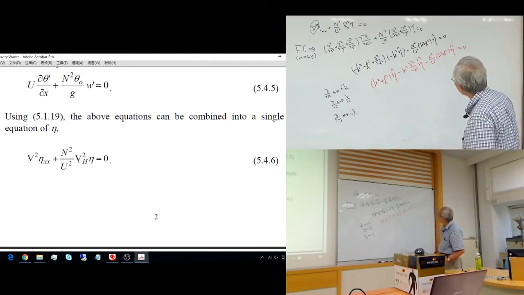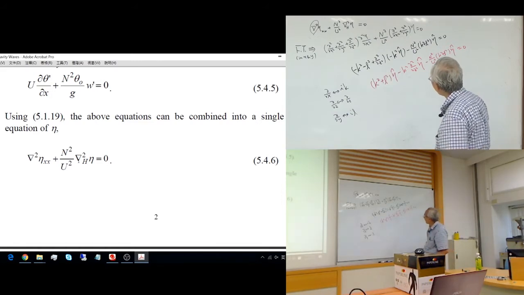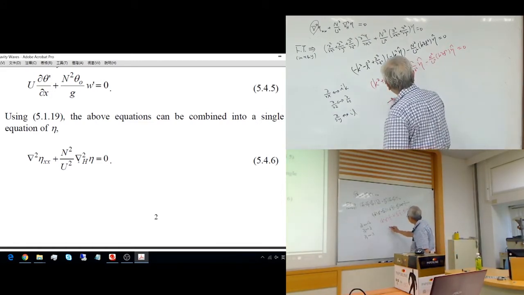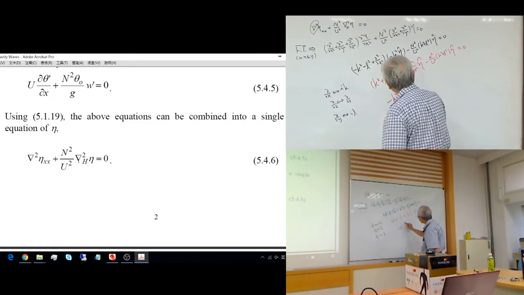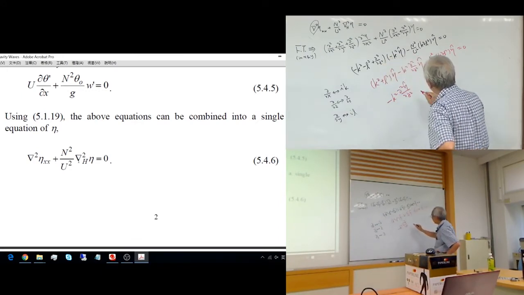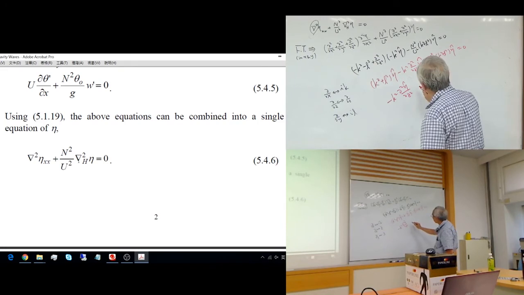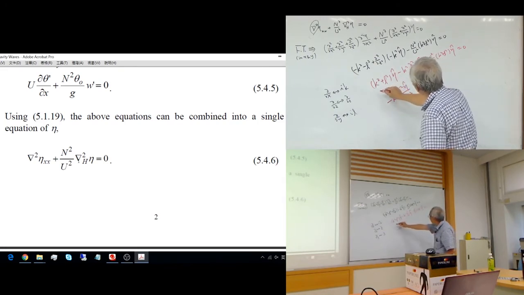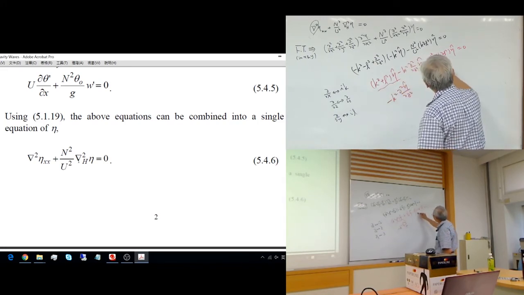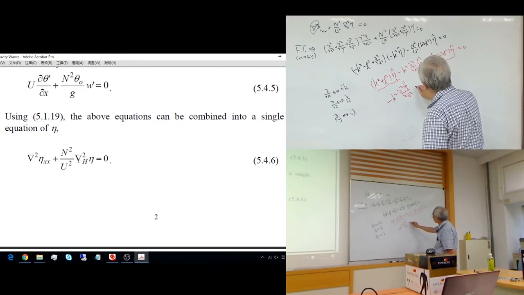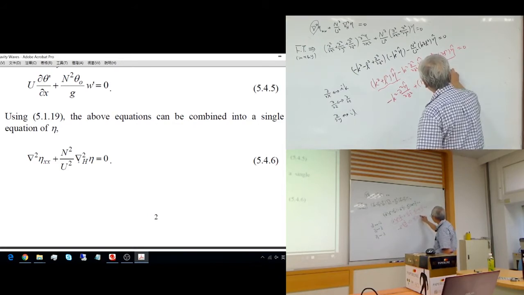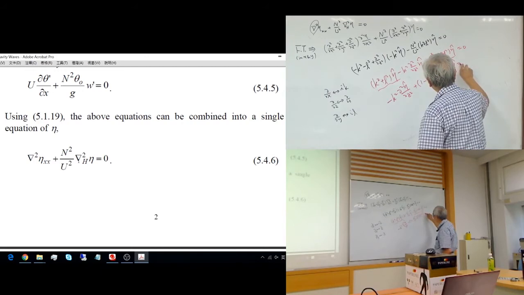Okay, so then we have negative k squared, partial squared eta hat, partial g squared. And then these two can be combined. So then we have plus (1 minus N squared over U squared) times (k squared plus l squared) times eta hat equals 0.